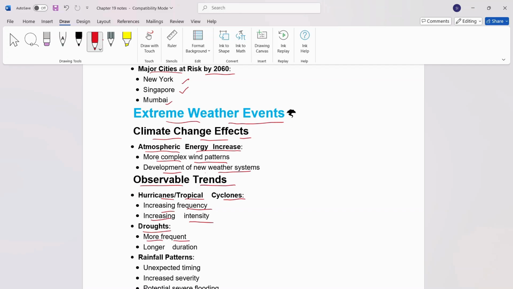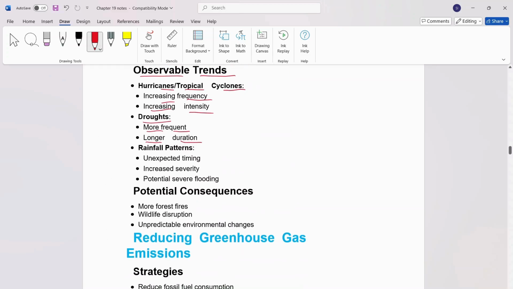Drought is more frequent and of longer duration. Let's talk about rainfall patterns: unexpected timing, increased severity, potential severe flooding. Potential consequences are more forest fires, wildlife disruptions, and unpredictable environmental changes.